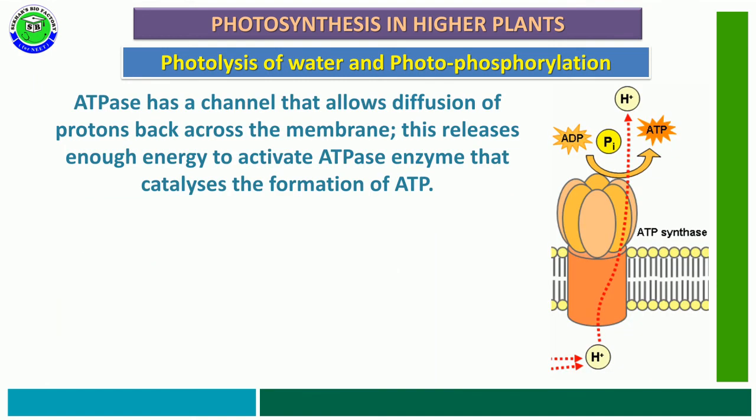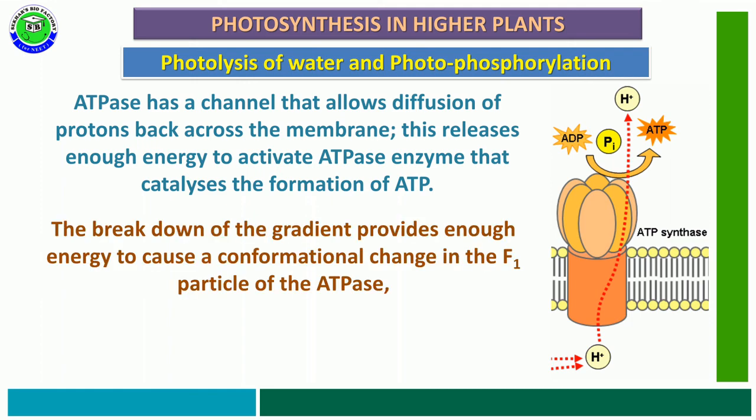So ATPase has a channel, and this channel allows the diffusion of protons back across the membrane, which releases enough energy to activate the ATPase enzyme that catalyzes the formation of ATP molecules.